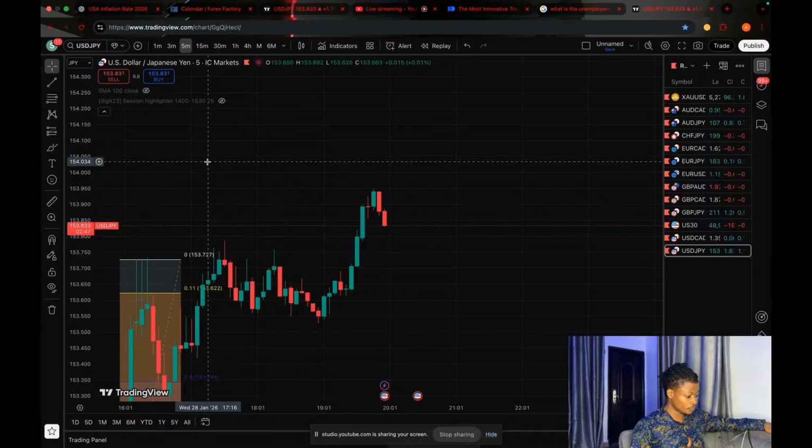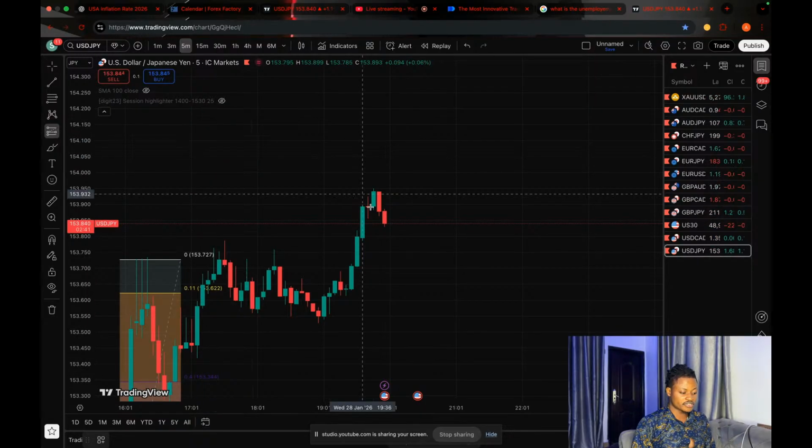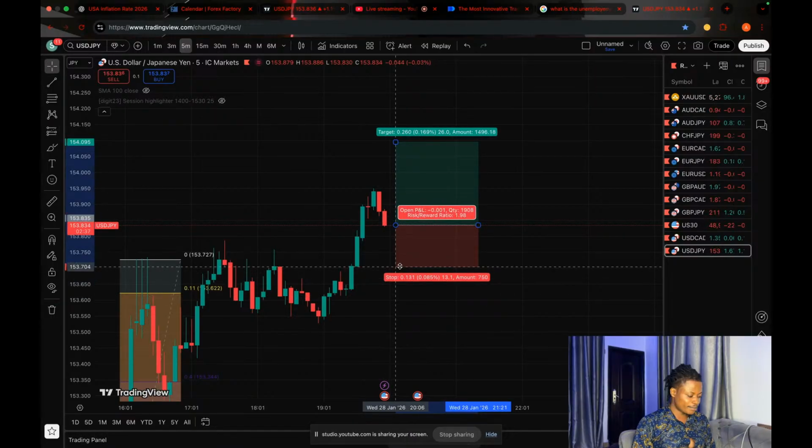You understand? If you want to trade this, there is what they call stop loss gap and slippages. But if you want to trade it, use just 1% of your account. You enter a buy position in 1 minute.